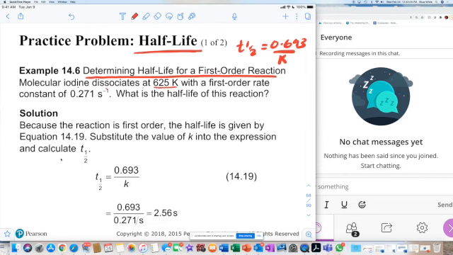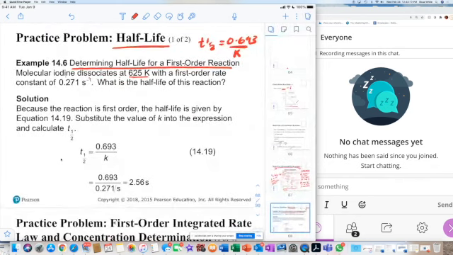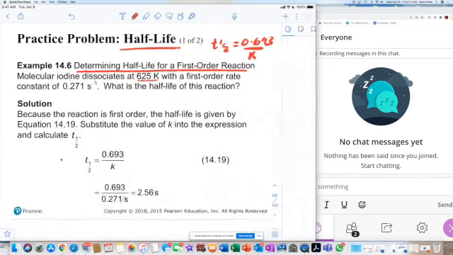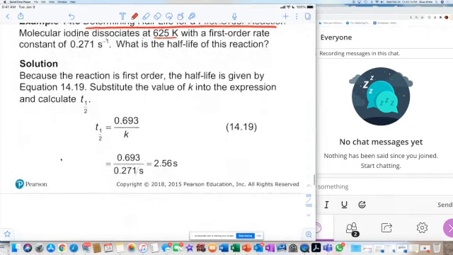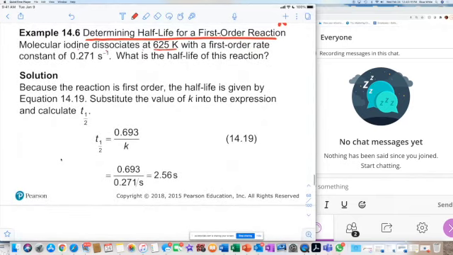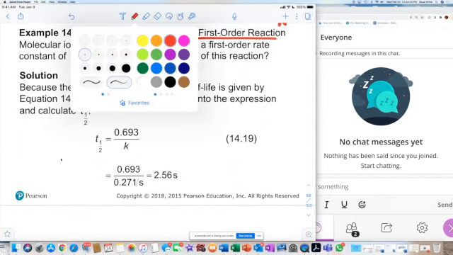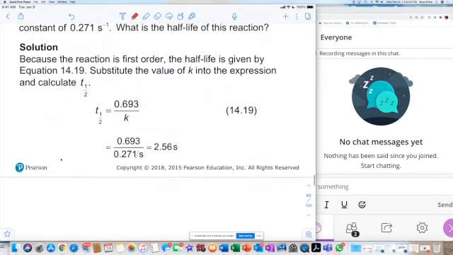Okay, let me tell you what happens, okay? This K here stands for constant. The thing in chemistry is, even though they don't emphasize this, I'm just telling you, you have to learn what the symbols are, okay?